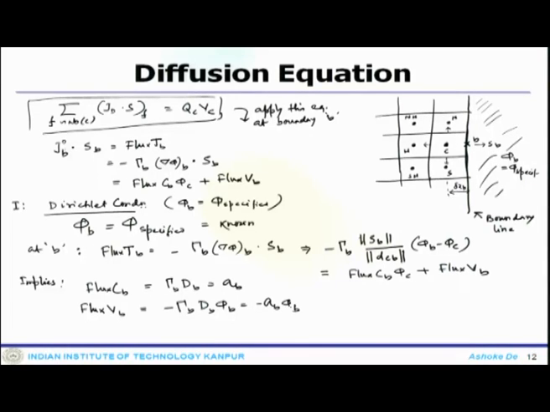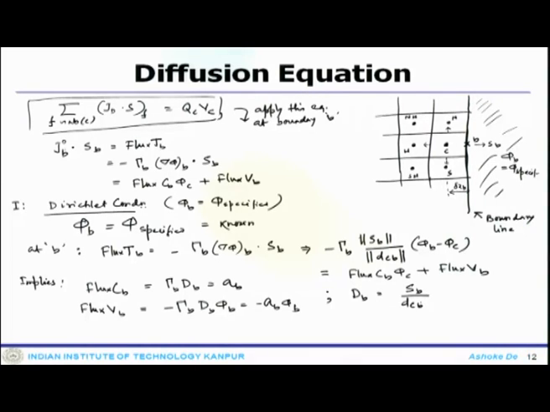where your dB is defined as SB by DCB. Okay.